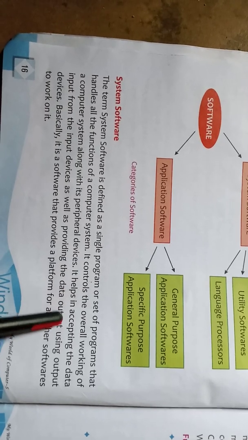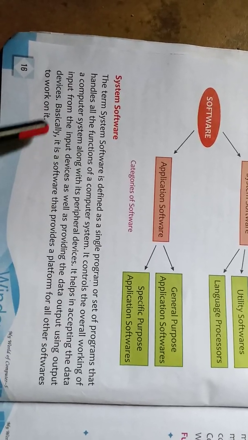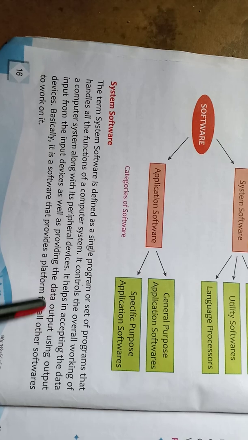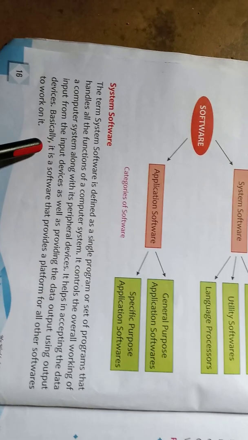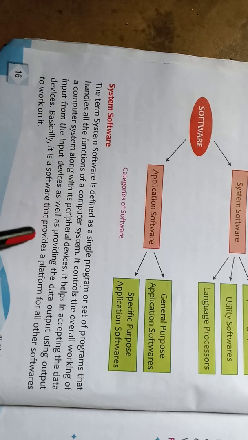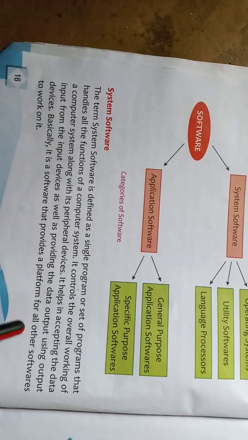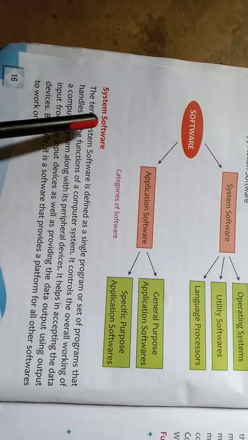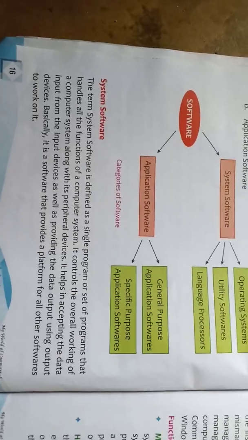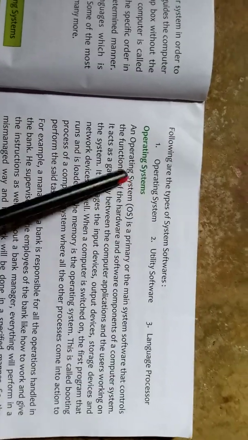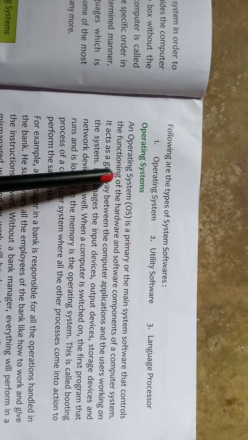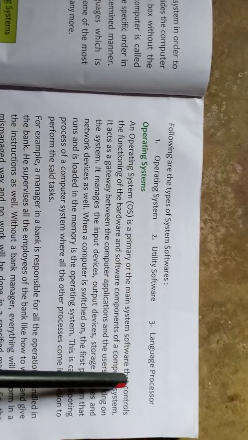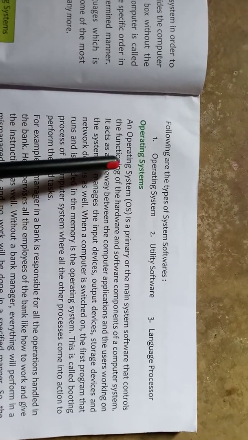It helps in accepting the data input from the input devices as well as providing the data output using output devices. Basically, it is software that provides a platform for all other software to work on. So all other software will work on system software. As we know, system software has three types, that is operating system, utility software, and language processor. Now one by one we will discuss.